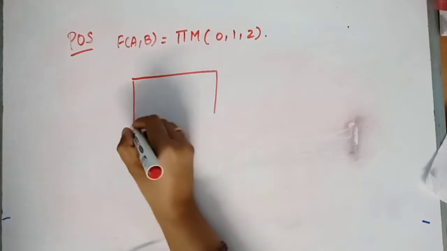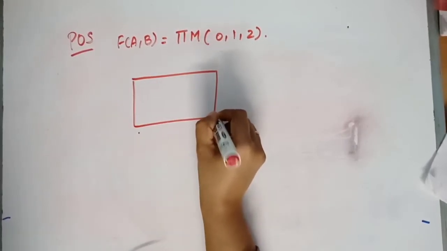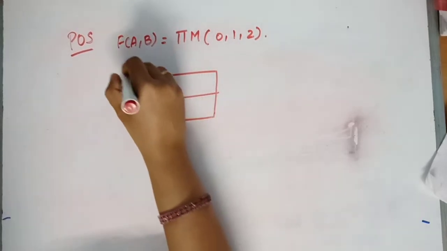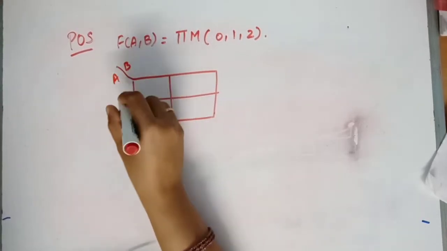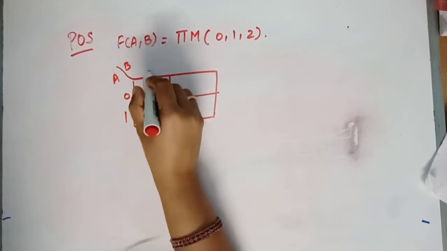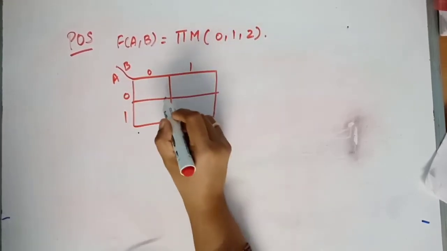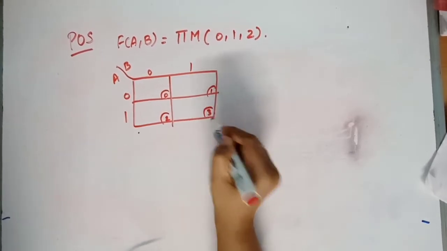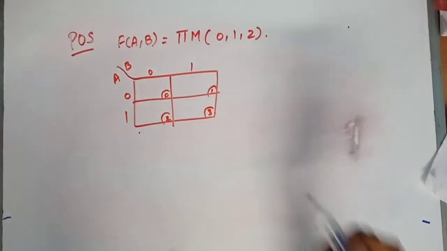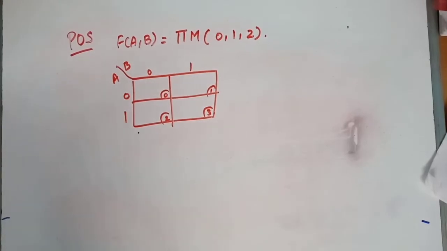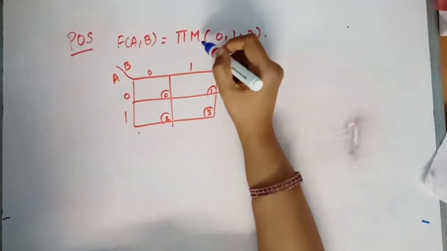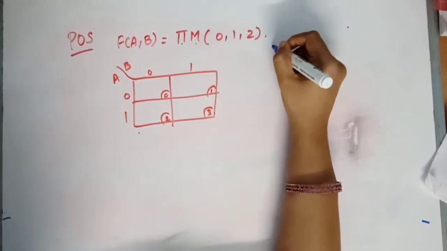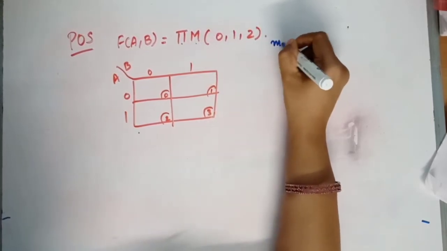The way you draw the Kmap is the same. A, B, 0, 1, 0, 1, 0, 1, 2, 3. Now what do you mark? So this means that this is product of max terms. M denotes max term.